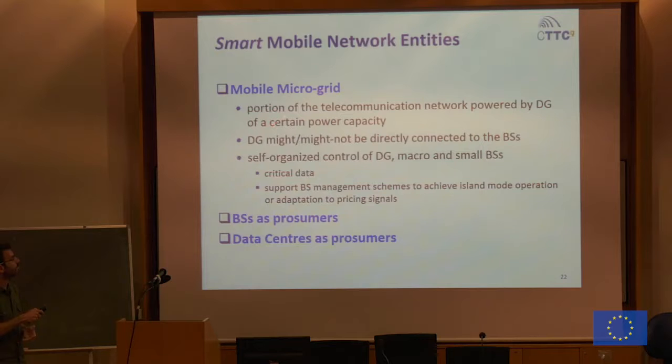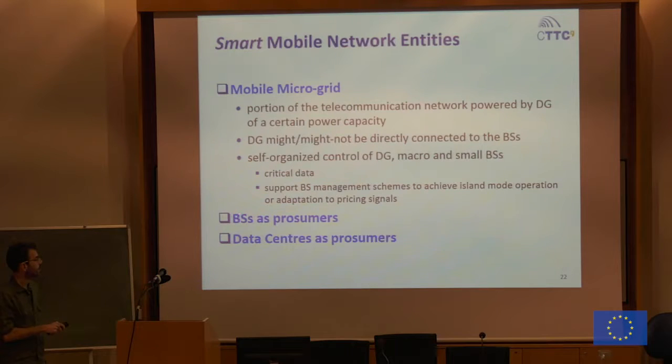And in this portion of the network, these distributed sources might or might not be directly connected to the base station. So this generator could be embedded in a base station or could be deployed in a different zone. And of course, what we want is self-organized control of the energy for macro and small base stations.